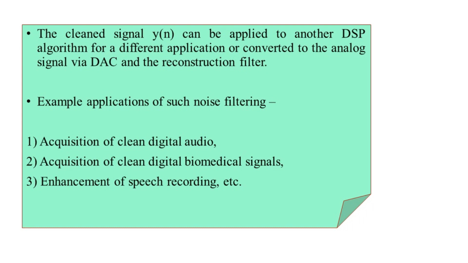So for digital audio or speech recording, we don't want noise interference in the information that we are talking about, that is the audio signal here, whereas biomedical signals can be 2-dimensional or 3-dimensional, and for perfect diagnosis we don't want any kind of noise there.